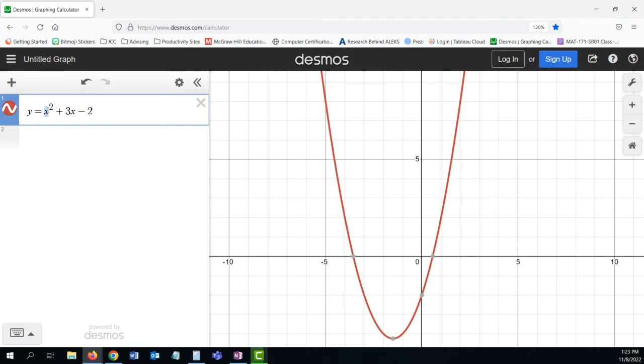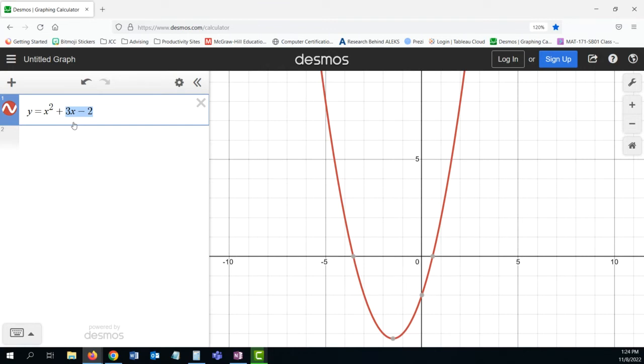That would be 1,000,000 squared plus 3 times 1,000,000 minus 2. 1,000,000 squared is so many times larger than just 1,000,000 that as my end behavior kicks in, I ignore every term except the leading term.